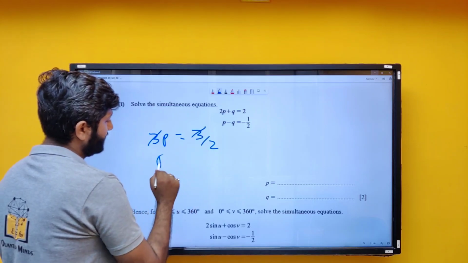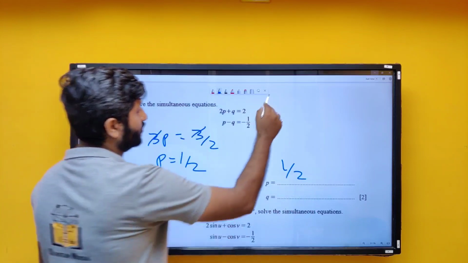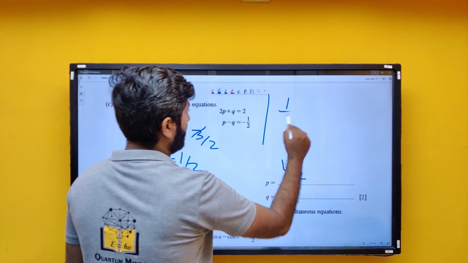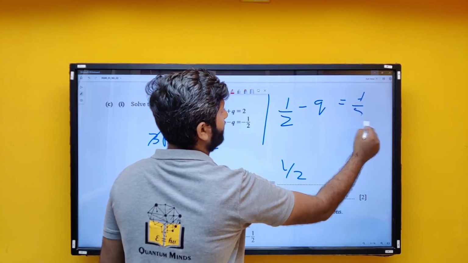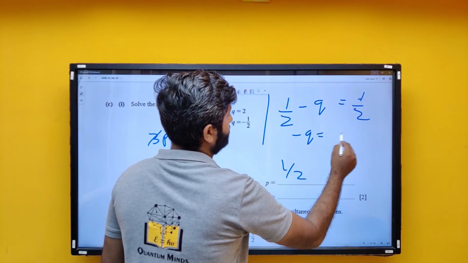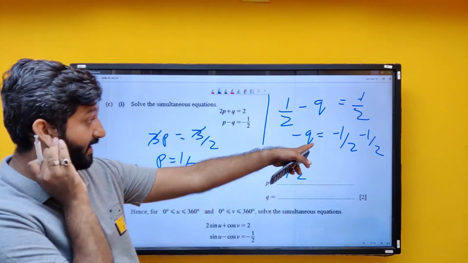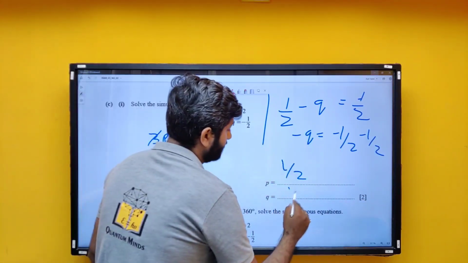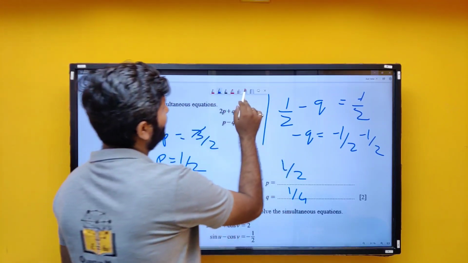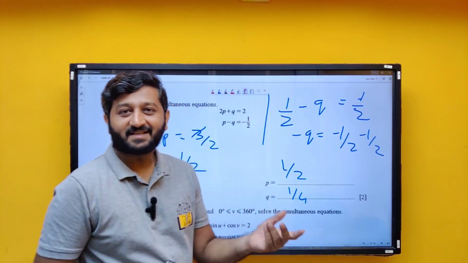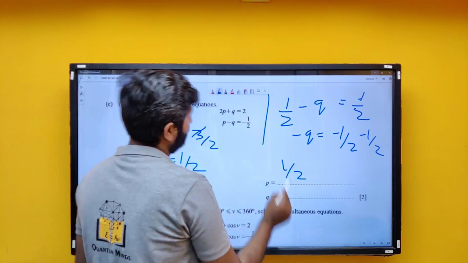So my value of P is 1 by 2 and my value of Q is half minus Q equals minus 1 by 2. So minus Q equals minus 1 by 2 minus 1 by 2, and this is minus 1 by 4. So Q is 1 by 4, right? Sorry, just a mistake. Minus half minus half is minus 1. Sorry. So the value of Q is 1.